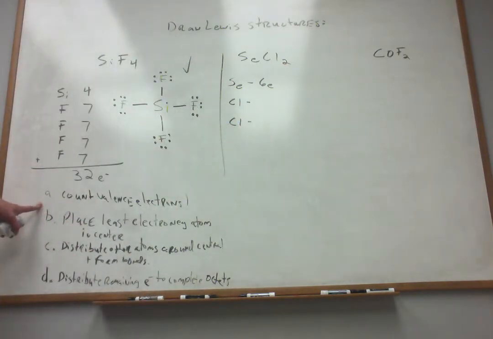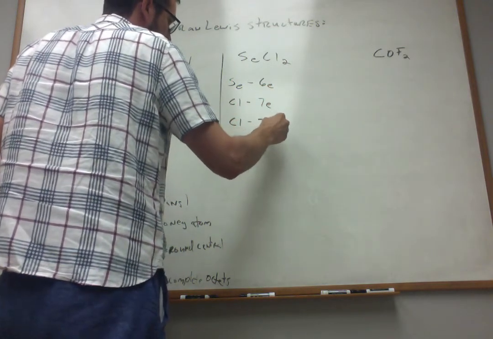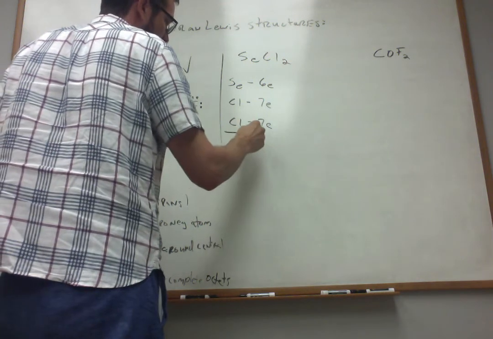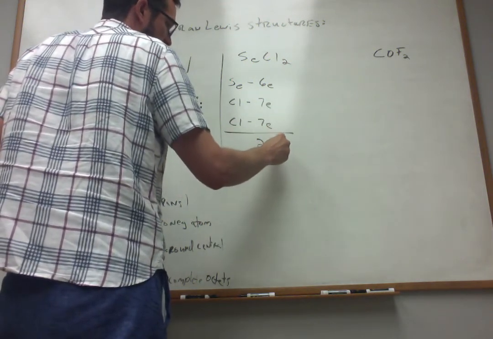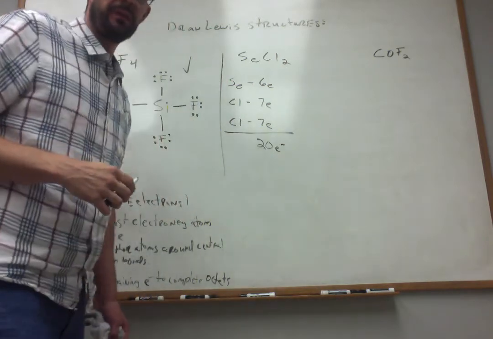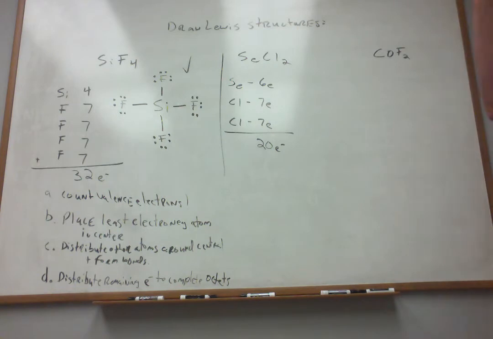Chlorine's right below fluorine on the periodic table, so it's got a consistent number of valence electrons here. That's 7. Right? So let's see what we got. 7 is 14, plus 6 is 20. I've got 20 valence electrons available to me now to make my bonds and hold this thing together.